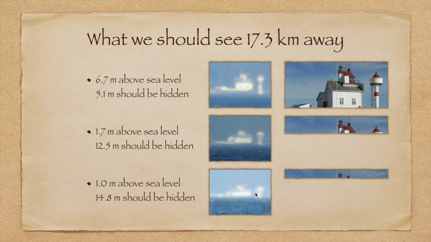In my observations, I see almost the same as I saw 1.7 meters above sea level in the previous picture. I see a lot of white here, which comes from the lighthouse. I see almost the same amount of the wall here. I even see the fence here, which I definitely shouldn't be able to see at all.